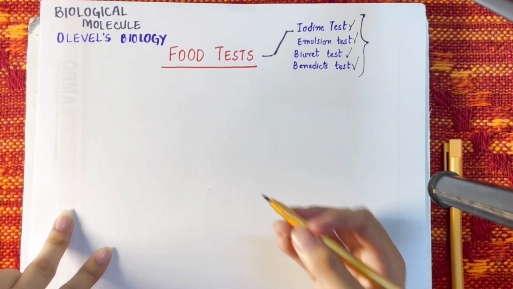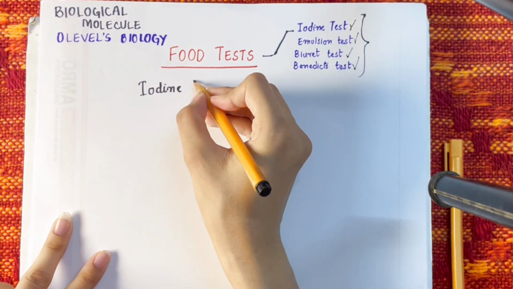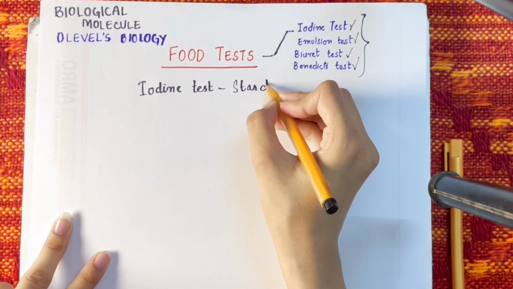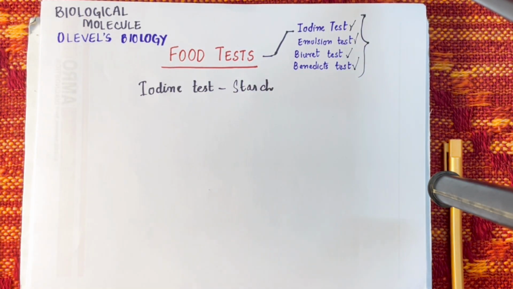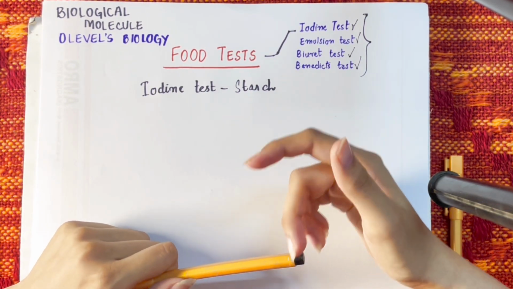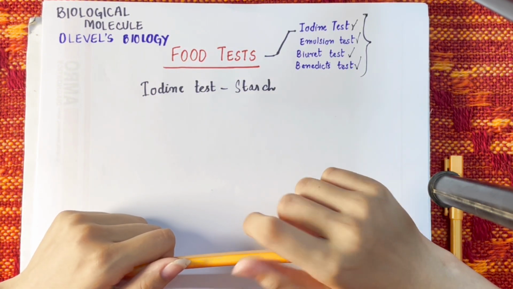The iodine test is basically also called the starch test because it determines the presence of starch. That's why we call it the iodine test. Suppose we test any food item, could be a potato or chips or a sweet or even a biscuit. We test by crushing it.